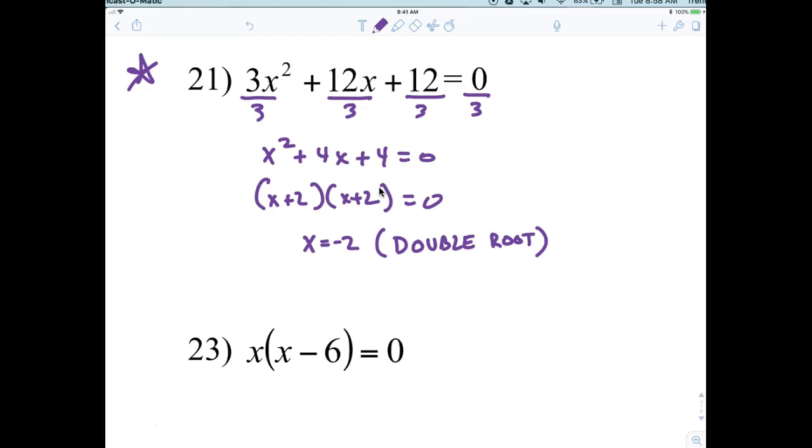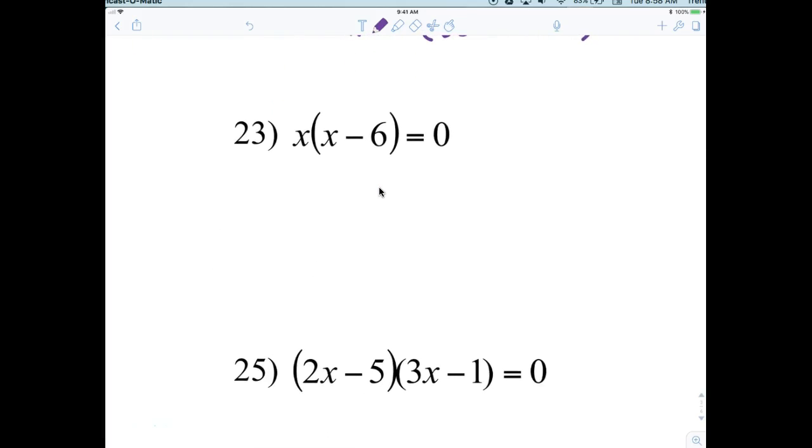All right? Now, put a star by number 23. Kids always have trouble with these. I probably should have put these first. But the point is they're already factored for us. So all you have to do is say, x equals 0 or x equals 6.